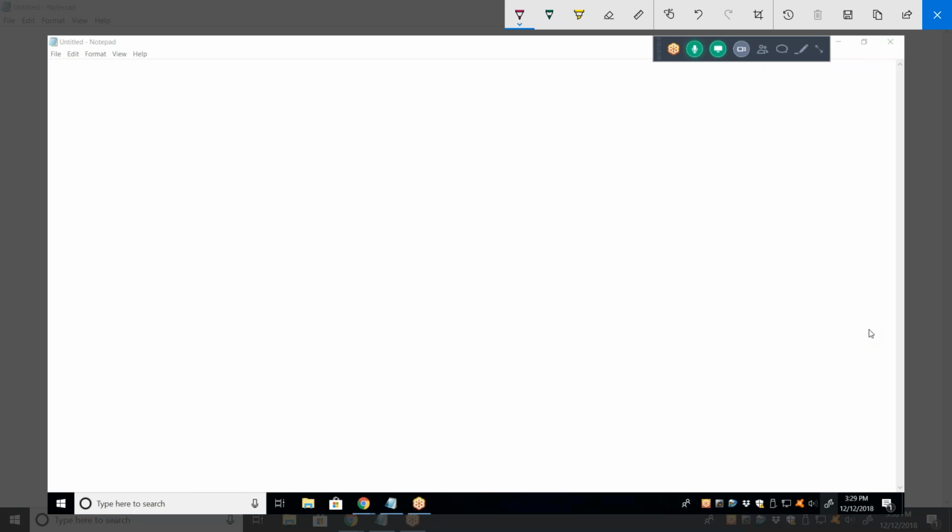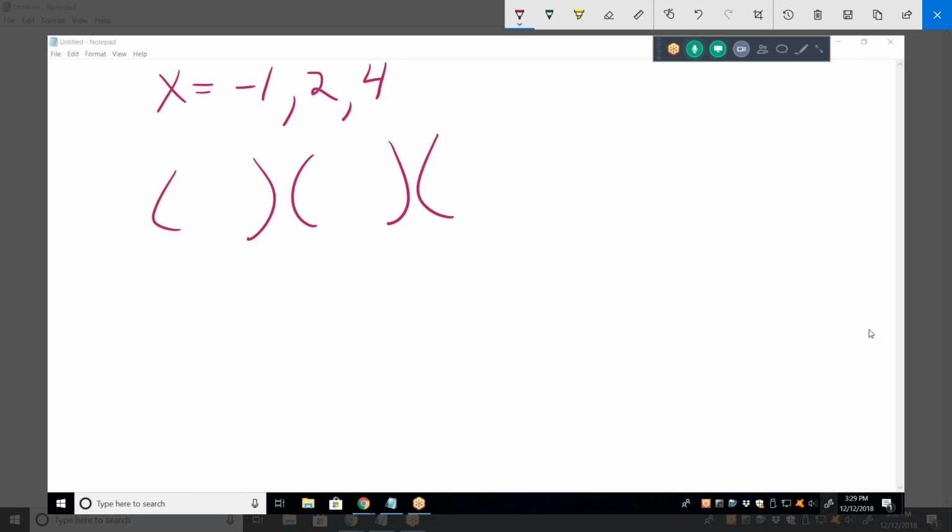Okay. So for the first one, we have -1, 2, and 4. What does that tell me the linear factors are? The linear factors, think of the last problem. Your linear factors were x plus 5 times, so what was your 0? Minus 5, right?